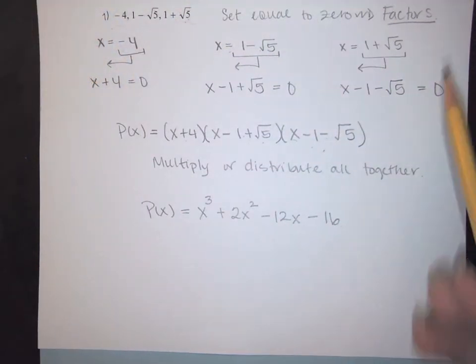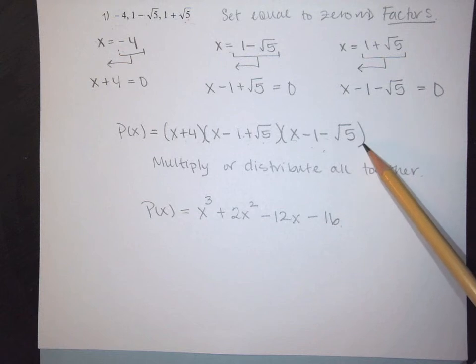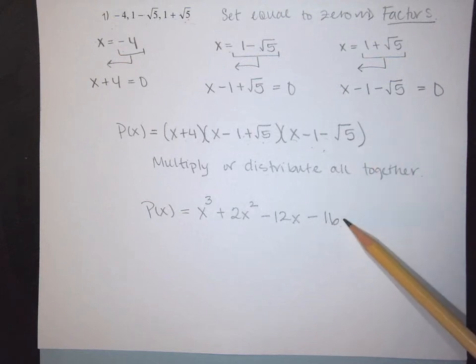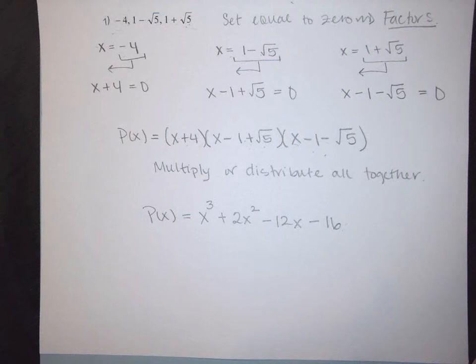For fun, make sure you multiply this together and double check that this is what you get. If you find any mistakes, please let me know. But that is what we're talking about in terms of finding a polynomial function based on given zeros.